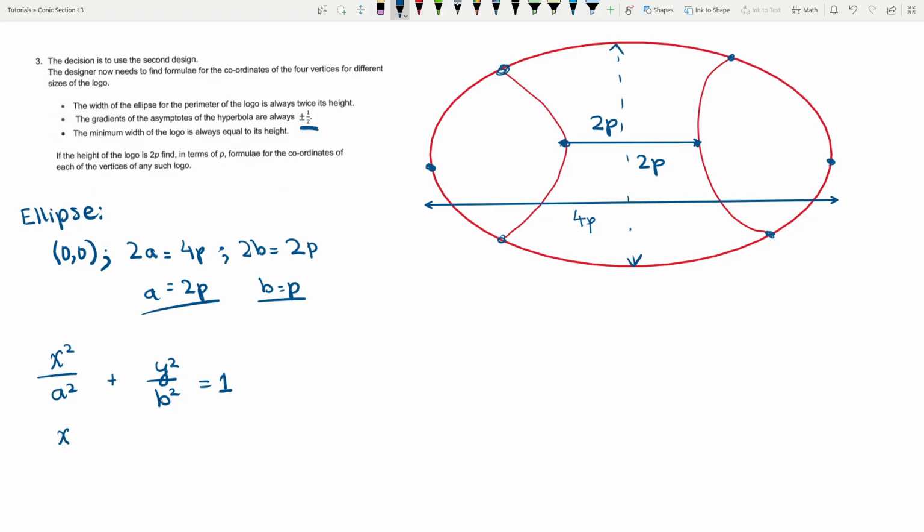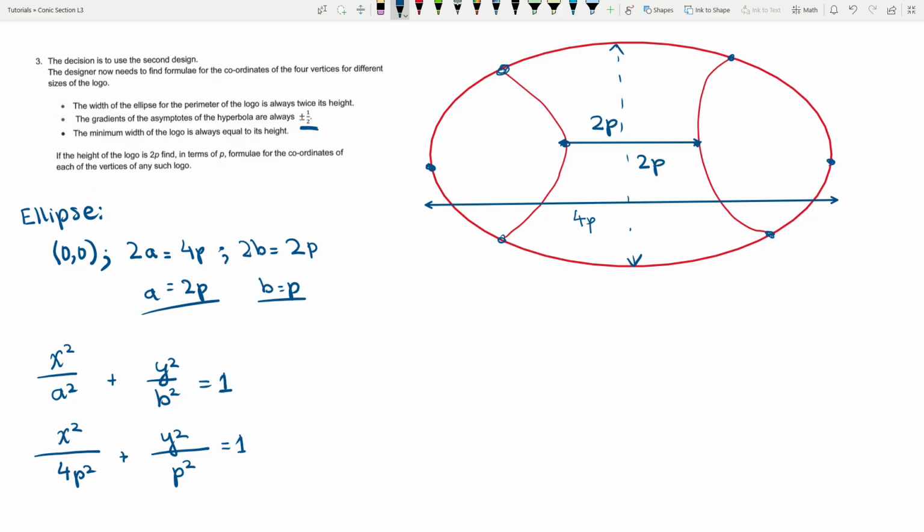So our x is 2p squared. I'm not going to rewrite it, I'm just going to do it. Therefore 2 squared is 4, p squared is p squared. And y squared over b, which is p, so it's just p squared. So this equals 1. So that's our ellipse equation.